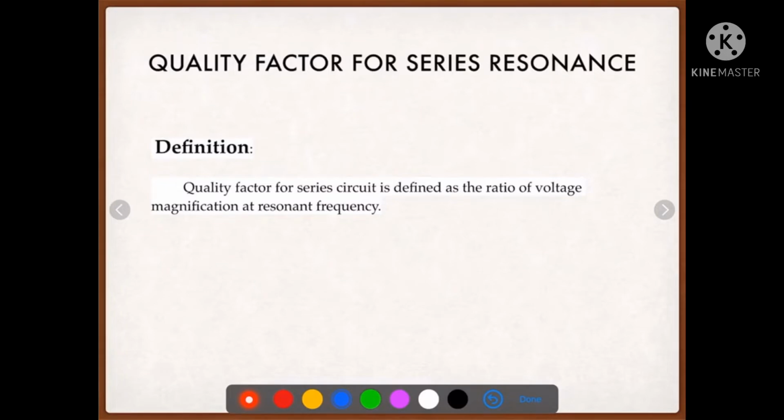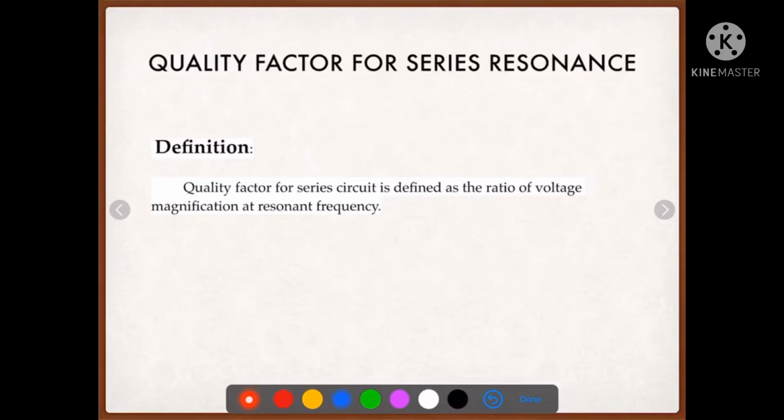The quality factor of a series circuit is defined as the ratio of voltage magnification at resonance frequency. The series resonance circuit gives magnification, that means amplification, of voltage.